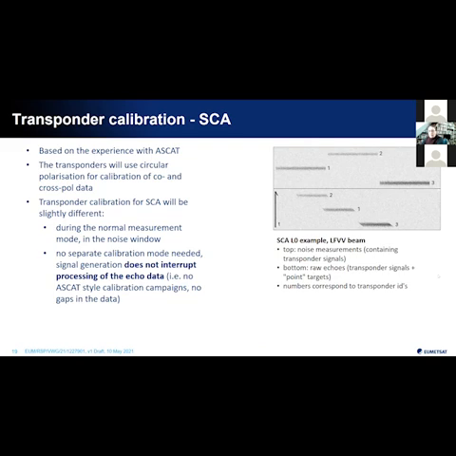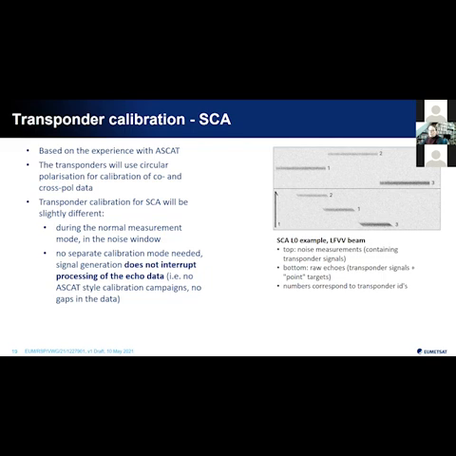For SCA, we will do something very similar. The issue with the ESCAT transponder calibration is that you are doing this by switching into a dedicated calibration mode, so you have a gap in the data. This is no longer the case for SCA, because we will not do this in the echo window, but we will receive the signals in the noise window.